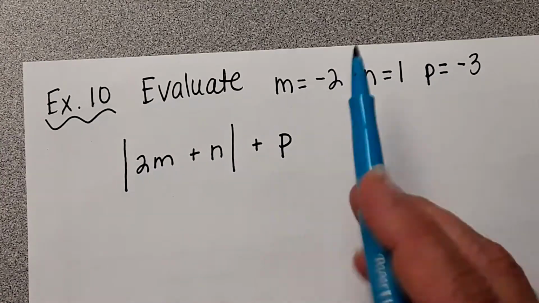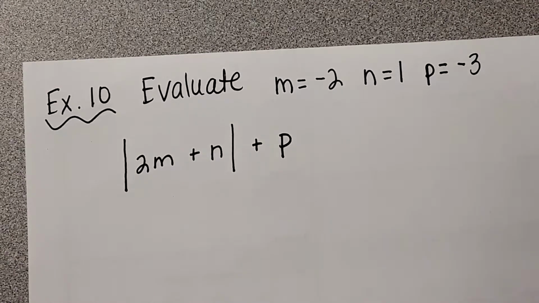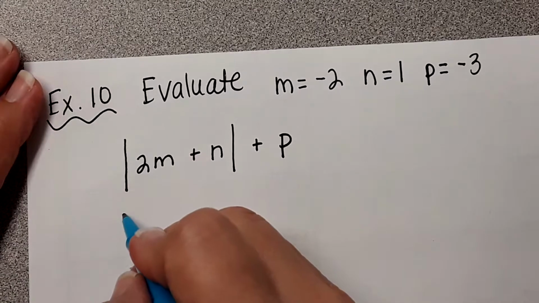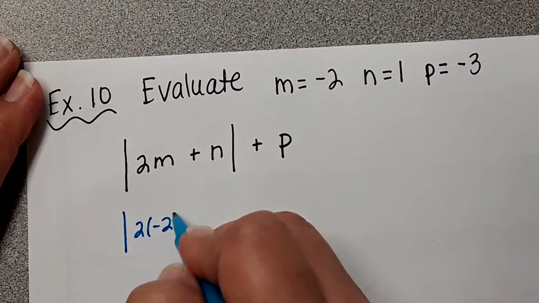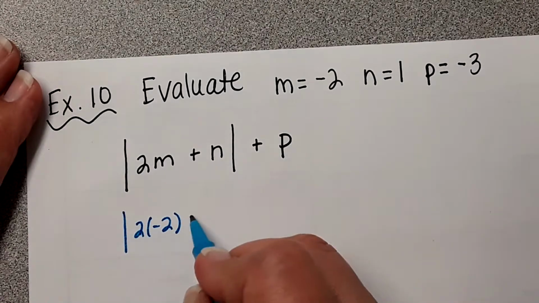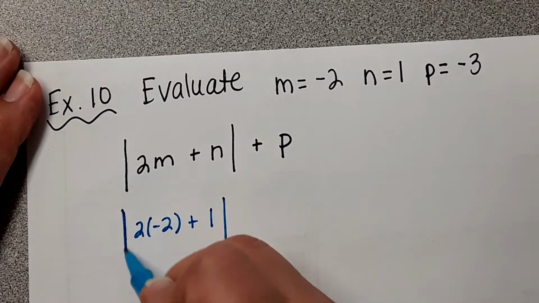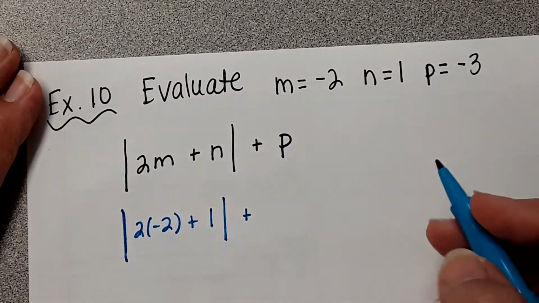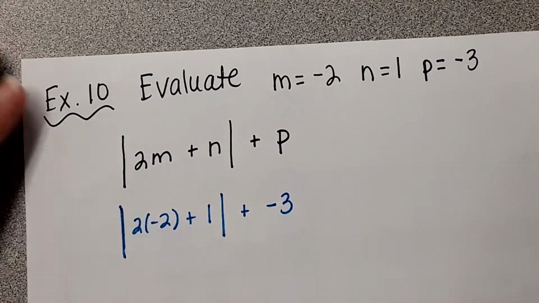Okay, so wherever we see an m, we're going to put a -2. Wherever we see an n, we're going to put a 1. Wherever we see a p, we're going to put a -3. So the absolute value of 2 times -2, because 2 stays and m becomes -2, the n is 1, and then p is -3.